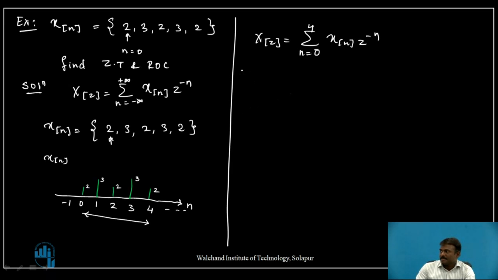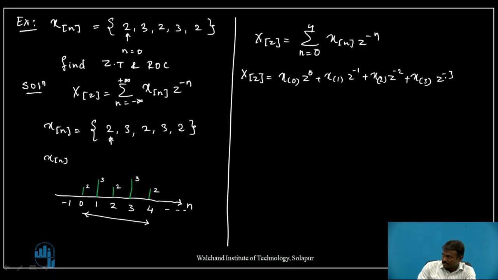Now let us expand X(z), which is equal to x(0) z to the power 0 plus x(1) z to the power minus 1 plus x(2) z to the power minus 2 plus x(3) z to the power minus 3 plus x(4) z to the power minus 4.